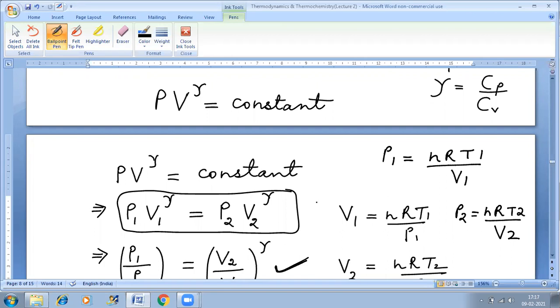So if I want to obtain a relation in terms of volume and temperature, that means I want to eliminate pressure, then I can put P1 as this and I can put P2 as this.